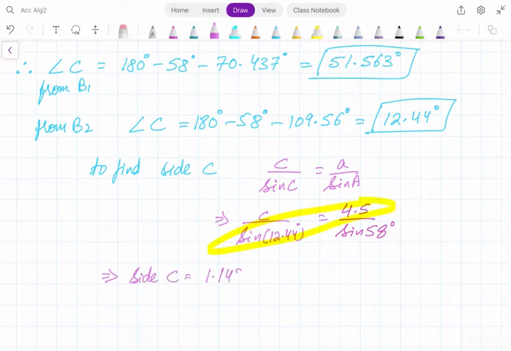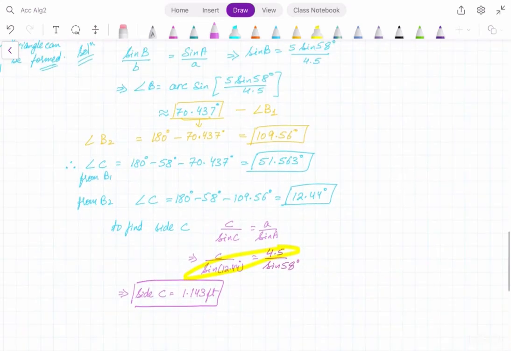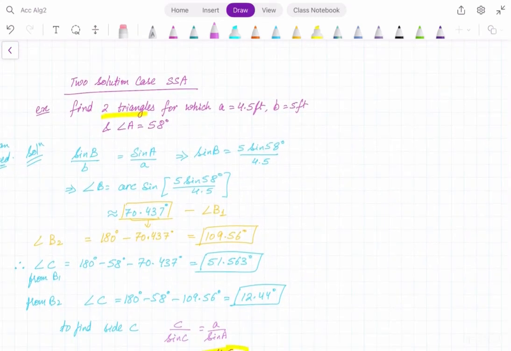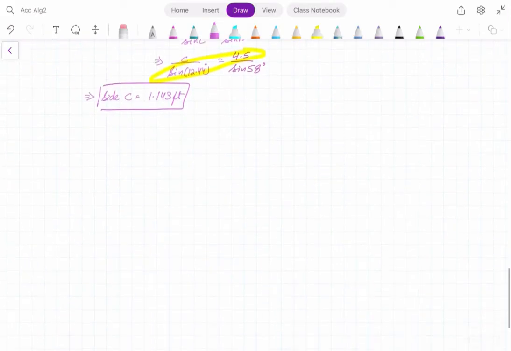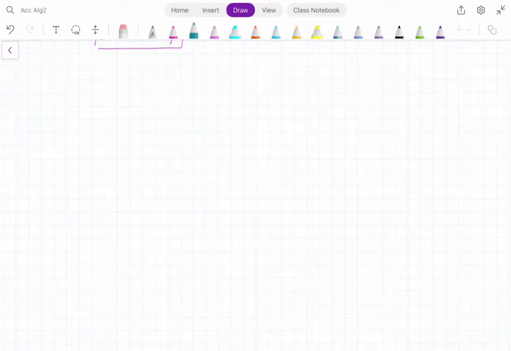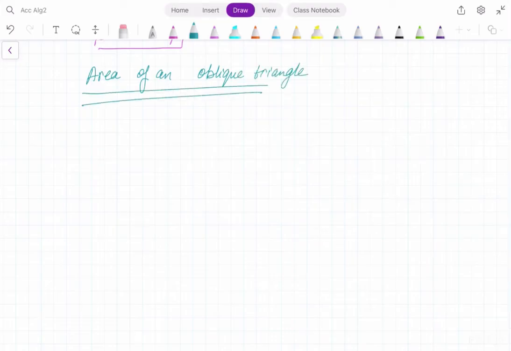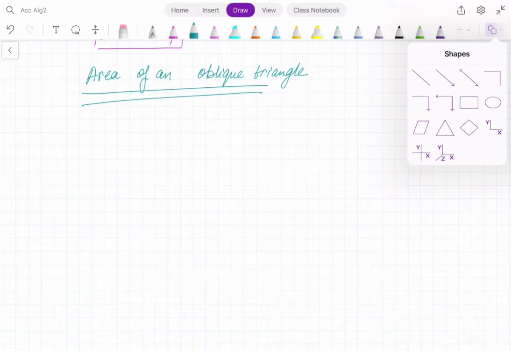So side c will be approximately 1.143 feet. So whenever they ask for two triangles, you need to keep in mind these conditions. The other thing you need to consider is that the side opposite the largest angle will be the largest side, right?